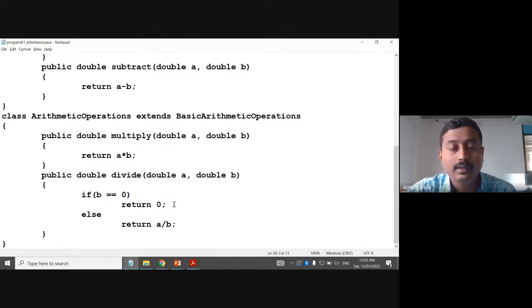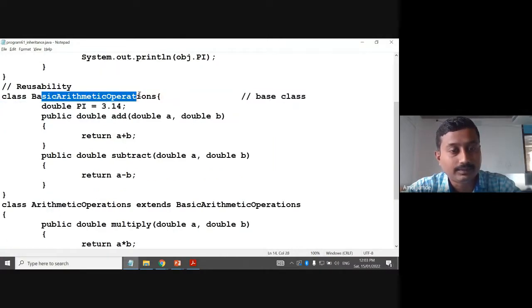You may get divide by 0 exception if b is 0. So we have handled that manually. If the divisor is 0, return 0, otherwise return the division. So this is the example of single inheritance. Single subclass and single superclass.